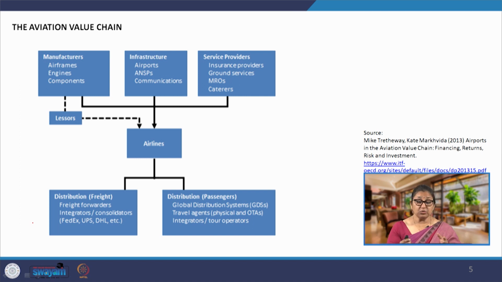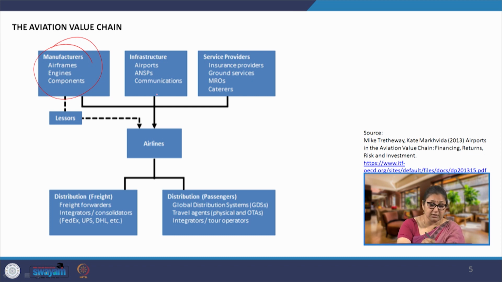Now, where do airports fit in the aviation value chain is what this diagram tells us. If we look at the entire aviation value chain, we will see that there are manufacturers who manufacture the airframes, the engines, and the other components that form the aircraft largely, and other equipment also.